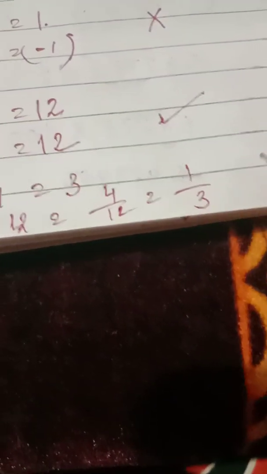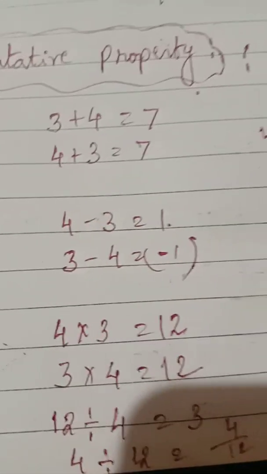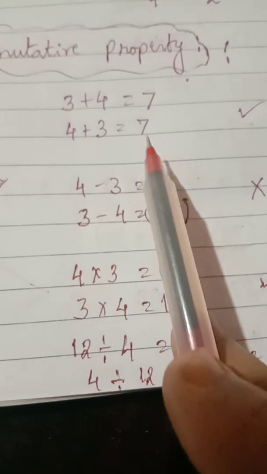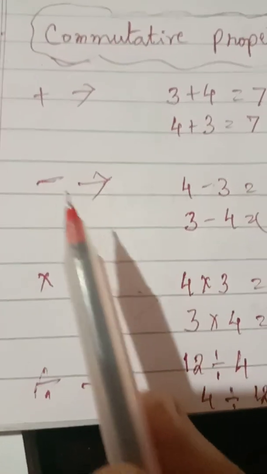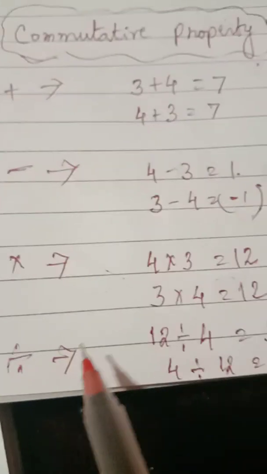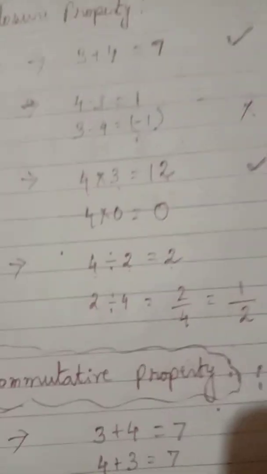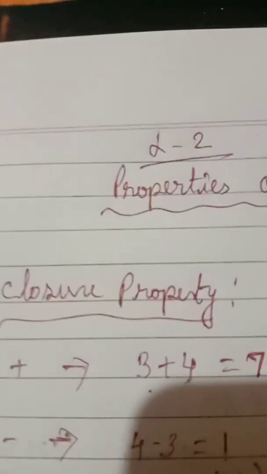It's a fractional form. So it's not applicable in case of division. So the commutative property is applicable for both addition and multiplication, and not applicable for subtraction and division, as with the closure property. Now the third one is the associative property.